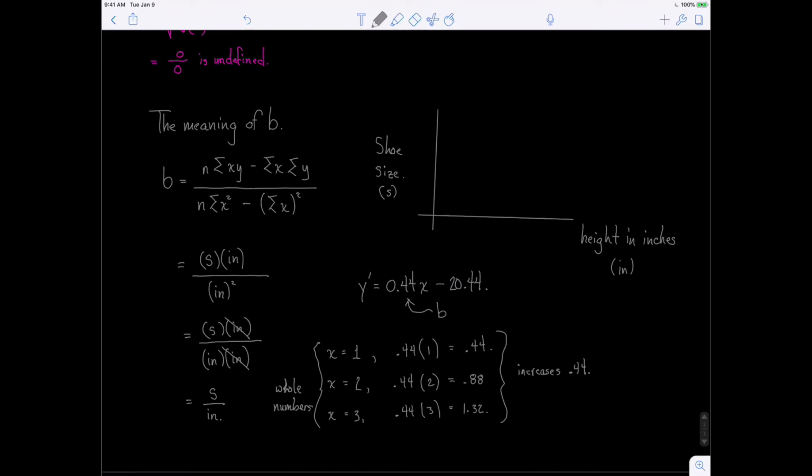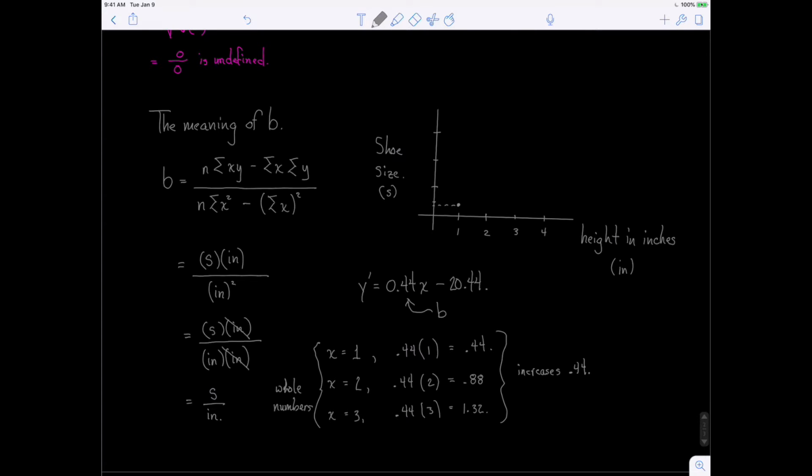And so in this case, if we move over 1 unit, so when x is 1, 2, 3, 4, notice when x is 1, well, my slope is only 0.44, which is just a little bit below half.